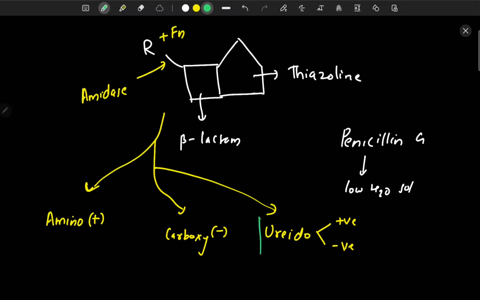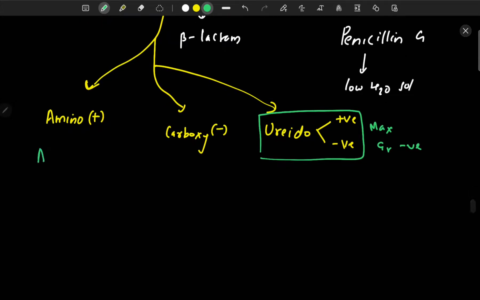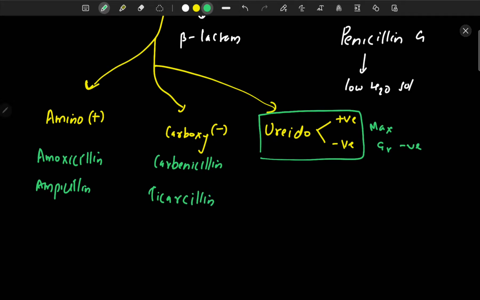The ureido group, which exerts both positive as well as negative charge, has the maximum effect towards gram negative organisms. By attaching the amino group, we have synthesized amoxicillin and ampicillin. By attaching the carboxy group, we have synthesized carbenicillin and ticarcillin.